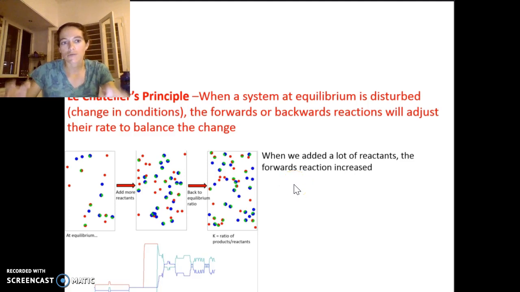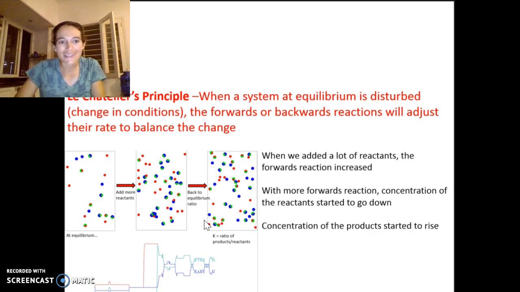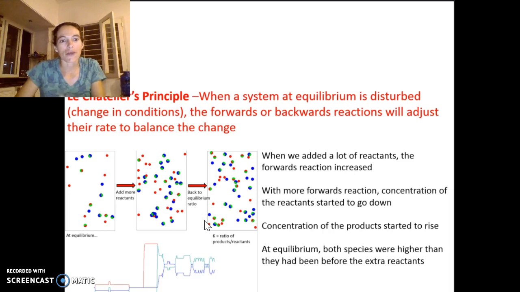So the reactants were bumping into each other, and the rate of forward reaction increased. And so then we started getting rid of reactants because they were reacting and forming more products. And eventually we got back to equilibrium. But both concentrations were higher than they had been before. But the ratio was back to equilibrium.